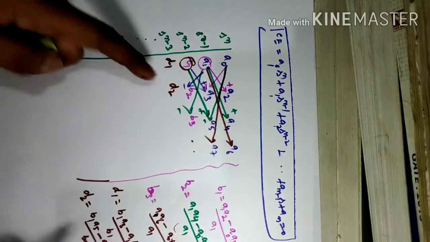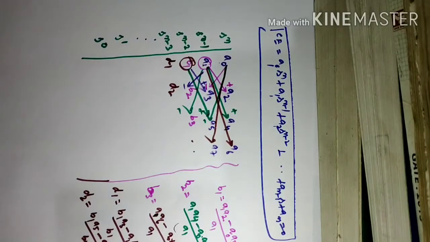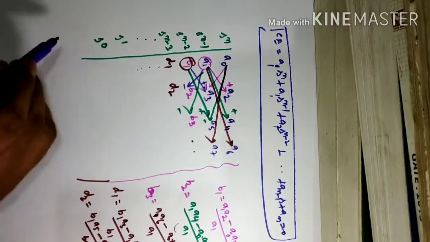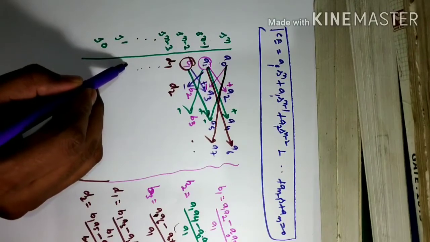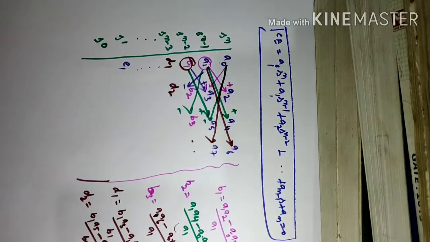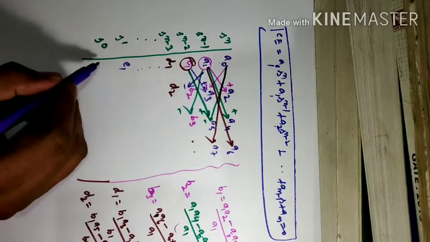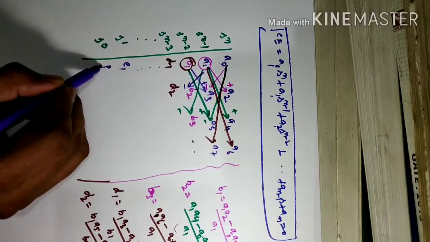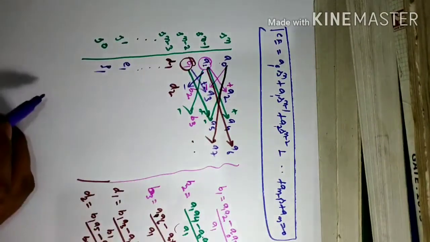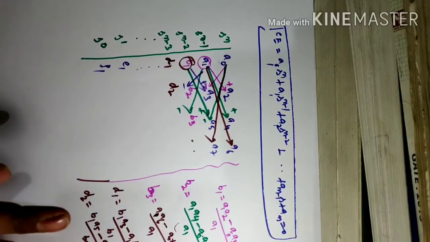That's how we get D2. Next, the s power n minus 4 row you can find the same way, then E1, and finally F1. The same method is used.